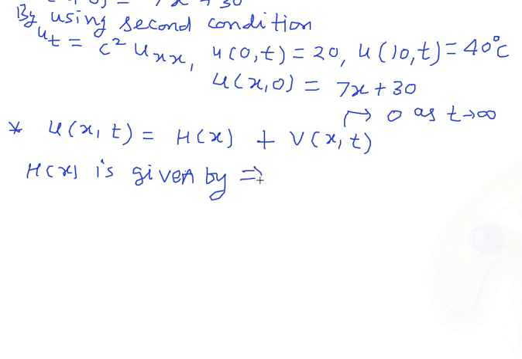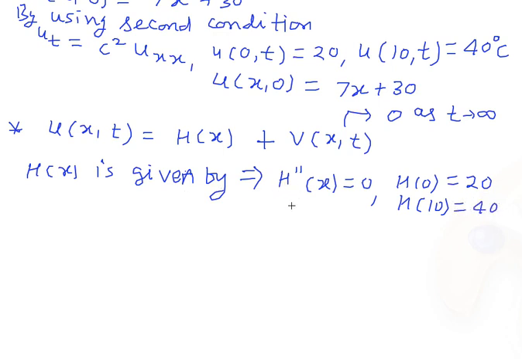That means h double prime of x equal to 0, with the conditions for x only: h(0) equal to 20 and h(10) equal to 40. These are the boundary conditions.